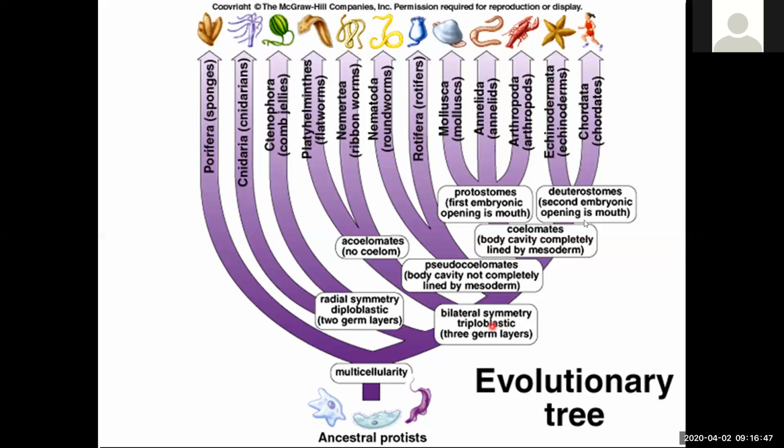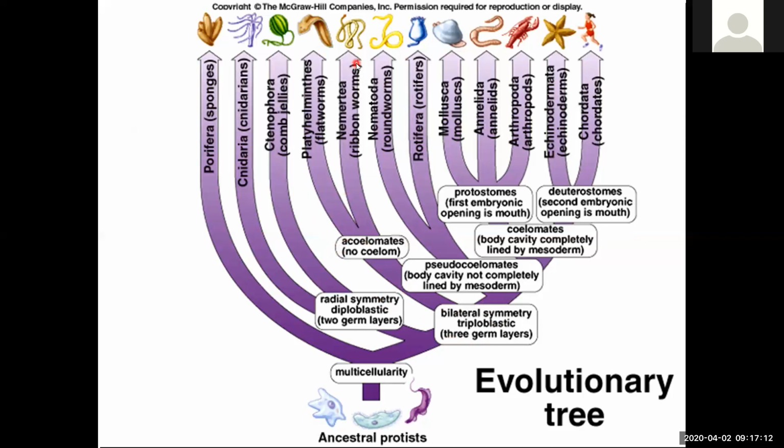So all the rest of the groups, all the rest of the phyla past this point, past jellyfish, will have three germ layers. Now, because of this, we're going to have to define them as what they have and what they do not have. Since they all have three germ layers, we have to talk about differential characteristics here.